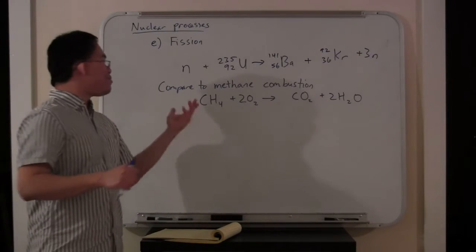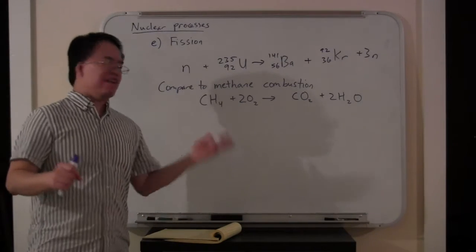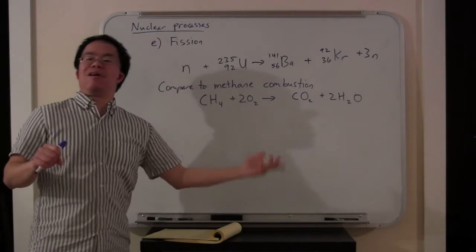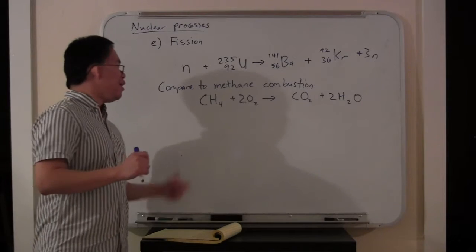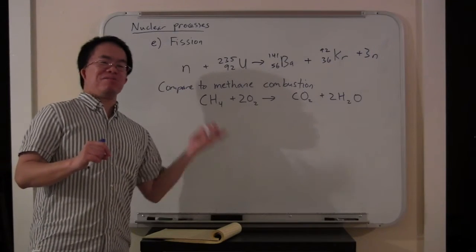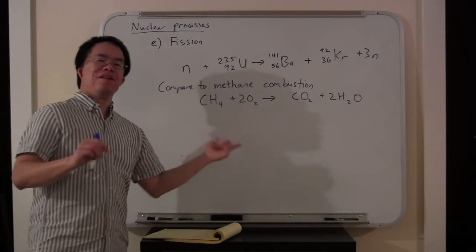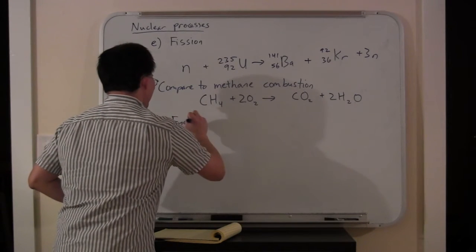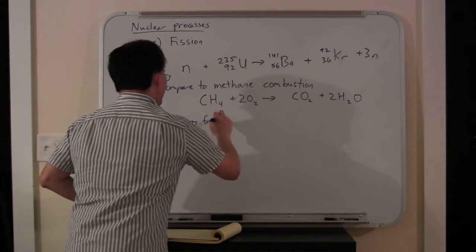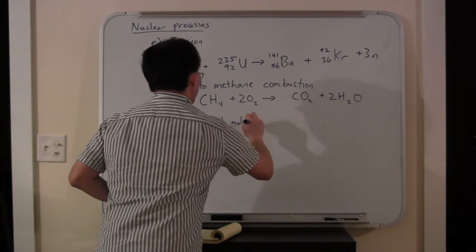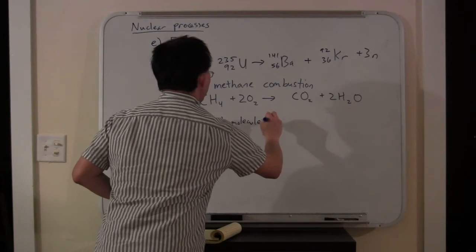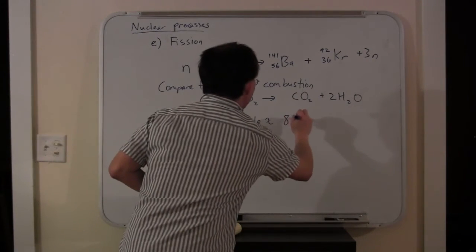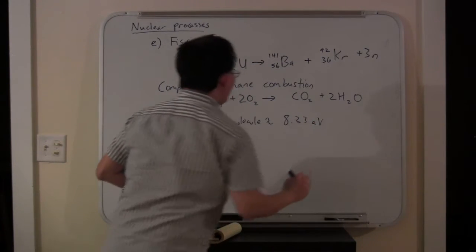So consider burning methane, aka natural gas. You've got methane plus oxygen goes to carbon dioxide and water. The energy that it turns out you get out of one molecule of methane is approximately 8.33 electron volts.